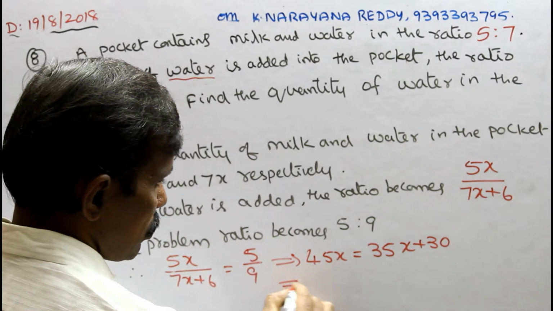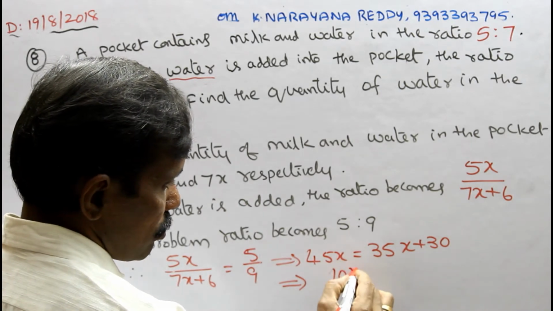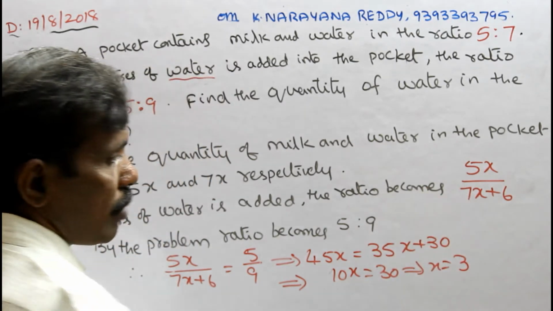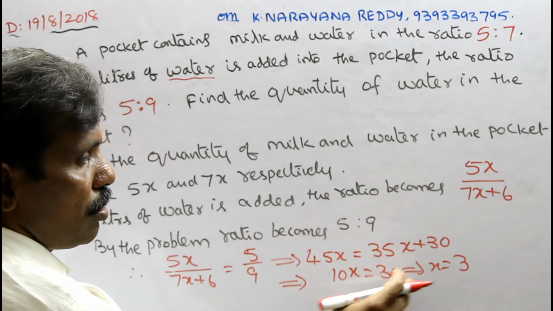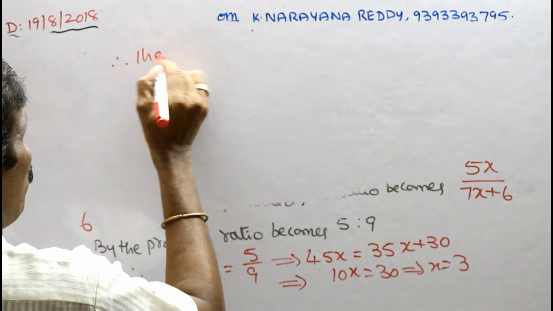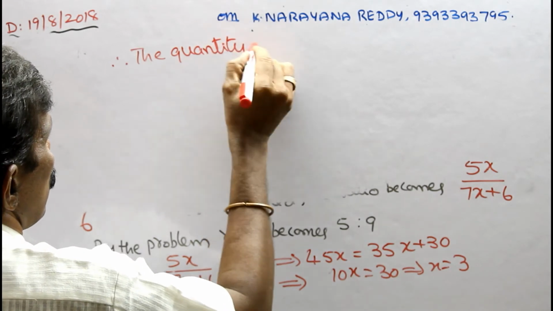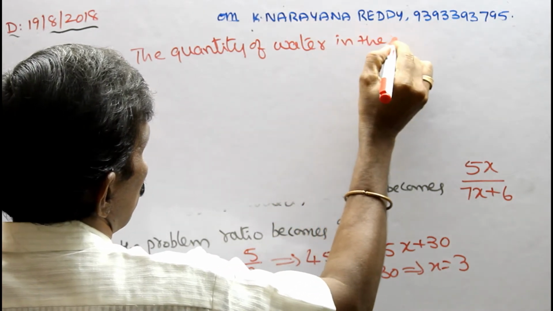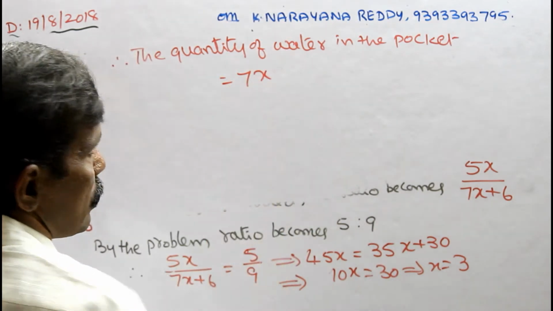That implies 45x minus 35x is nothing but 10x equals 30. This implies x equals 3. Yes or not? 45 minus 35, 10x equals 30, x is equal to 3. Therefore, the quantity of water in the pocket equals 7x.